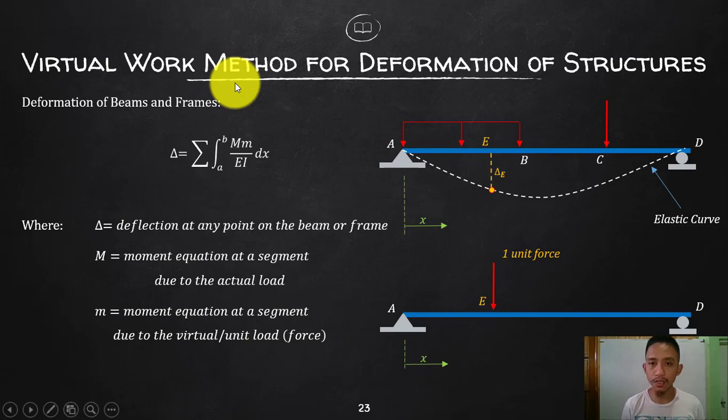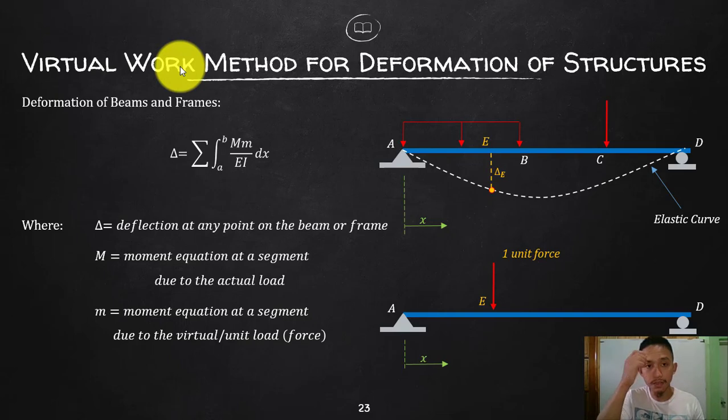So how are we going to get deformations of structures using the virtual work method? If I discuss the derivation of this, that will be a little bit tedious and will take much of our time.